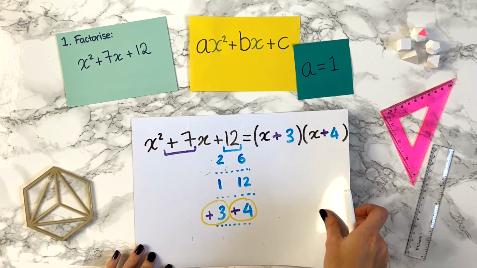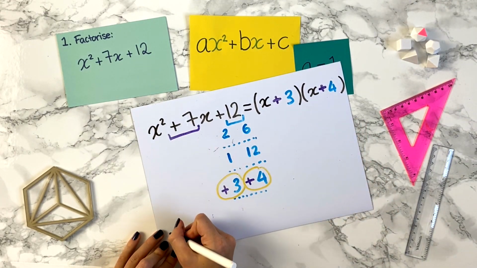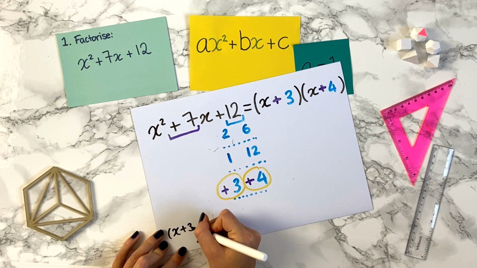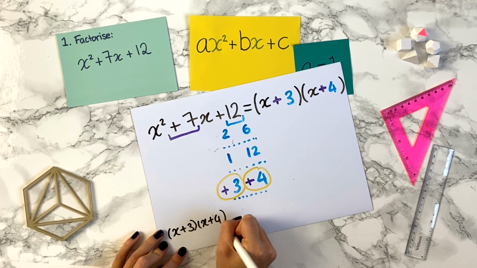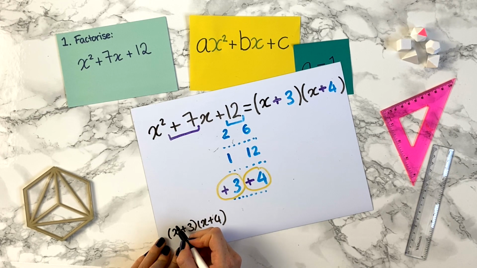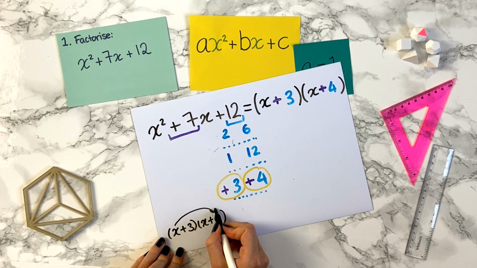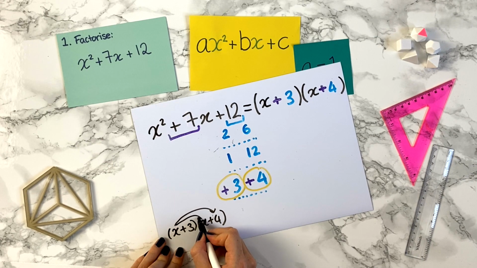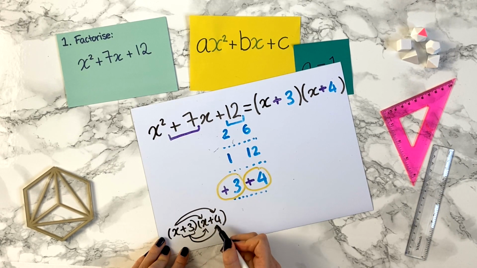So if we expand these brackets here, so I'm just checking our answer, so we have x plus 3 times x plus 4. We can expand this by using the FOIL technique. So we do this term times by this term, and this term times by this term, and we do this term times by this term, and this term times by this one.